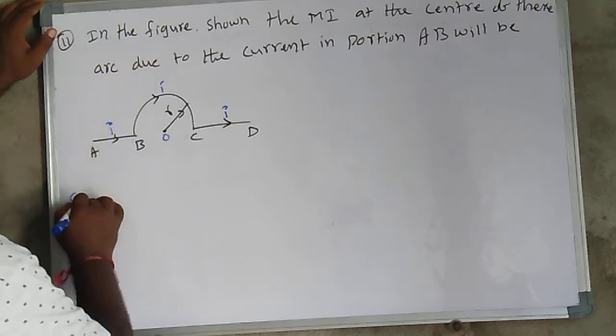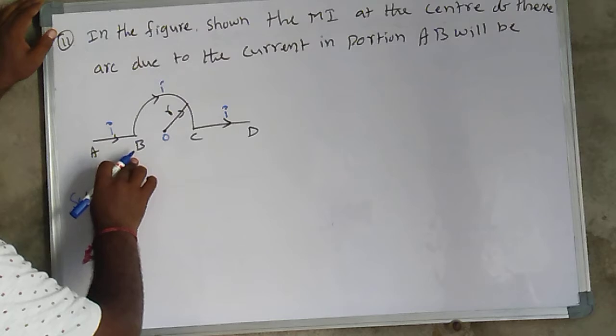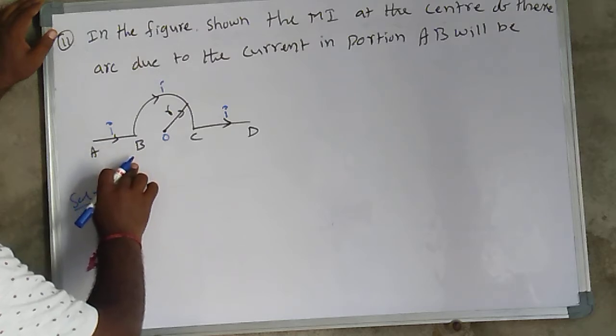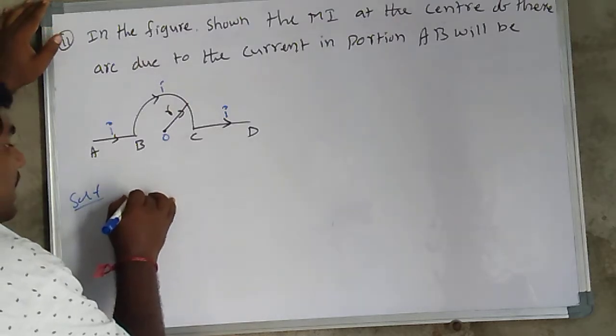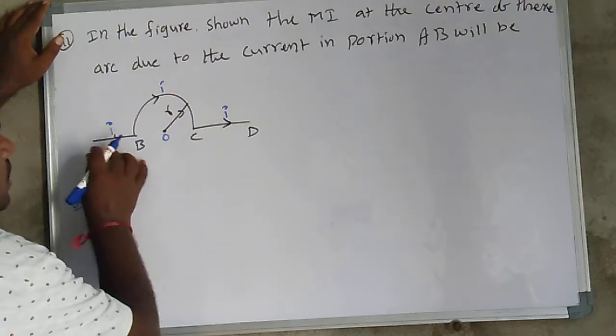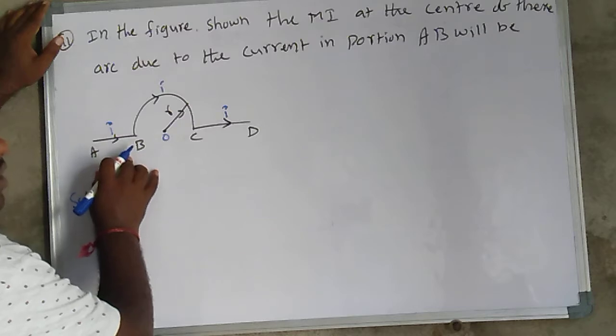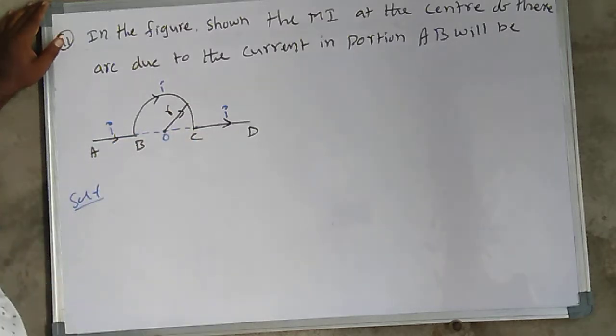So here is the solution. The magnetic induction at the center of the arc due to the current in portion AB becomes 0 because AB, when extended, passes through O. This is the same straight line only.